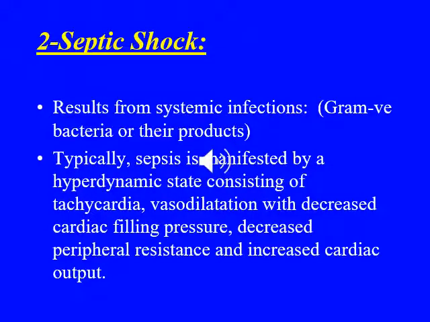Number two, the septic shock. And this is one of the most commonly seen types of shock in the intensive care units. It results from severe systemic infections, usually gram-negative bacteria or their toxins. Typically, sepsis is manifested by hyperdynamic circulation.